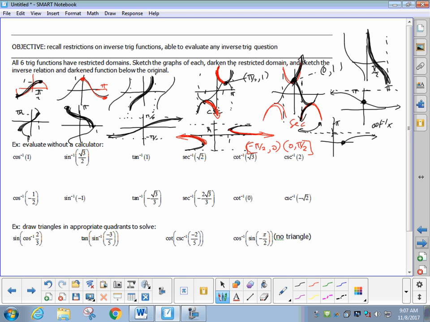Okay, let's see how good you are. In these, take the first row, I went soft, they're all positive. Tell me what they all equal. Go.